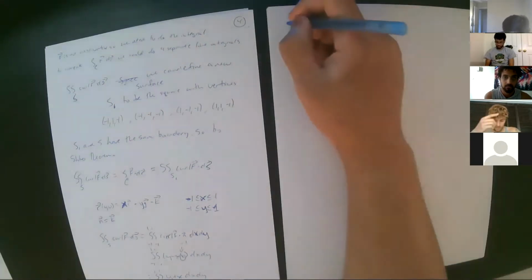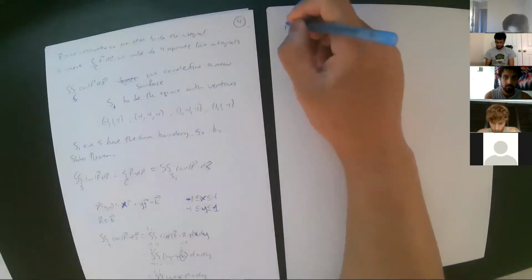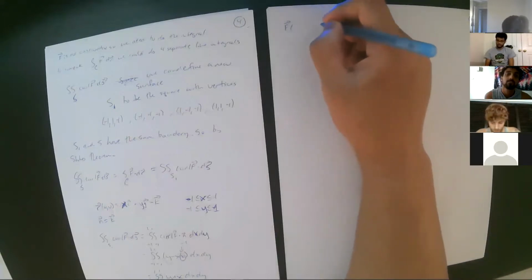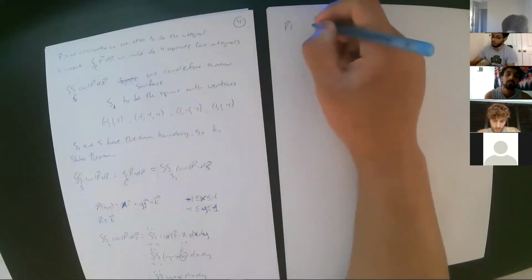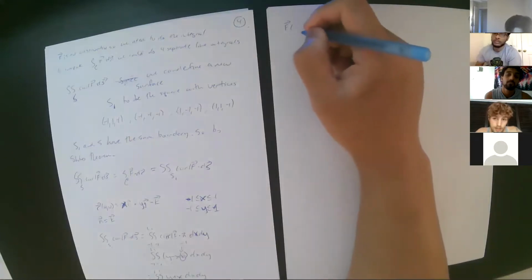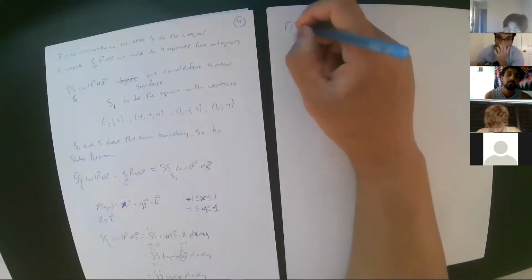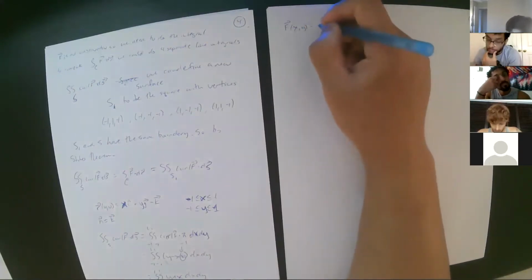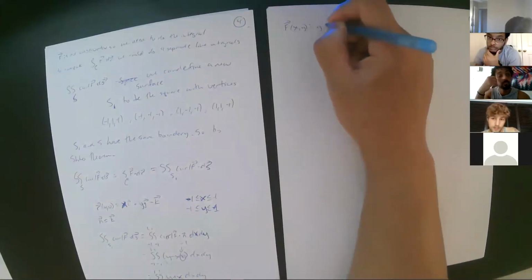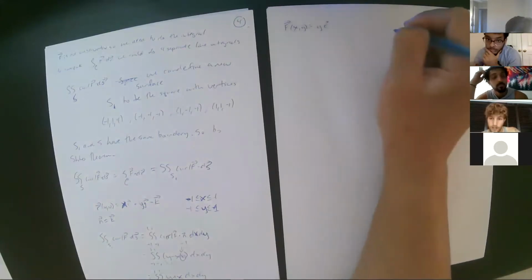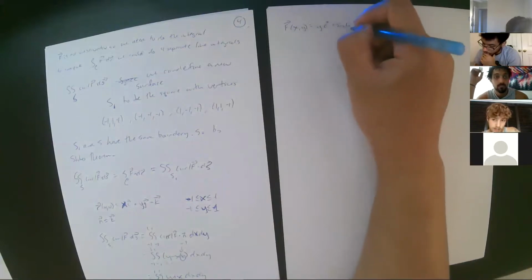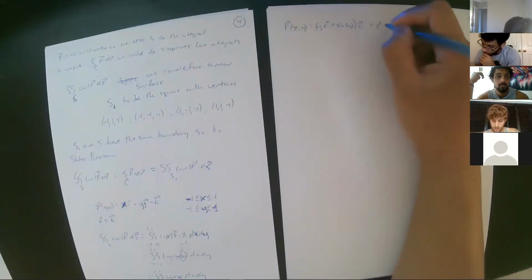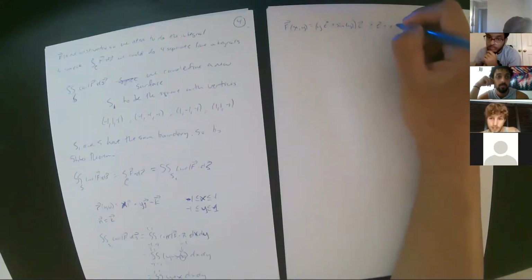The function is capital F of x, y, with two variables, x and y: F of x, y equals y e to the x plus sine y, that's the i value, and then plus e to the x plus x cosine y, j.